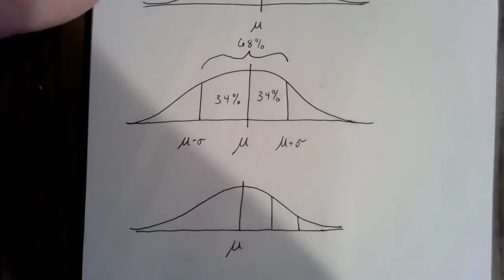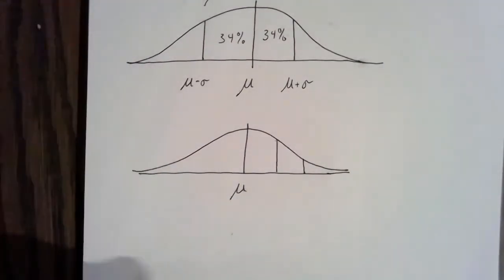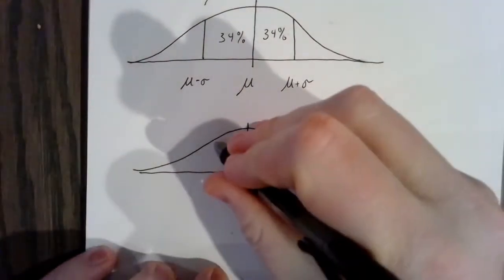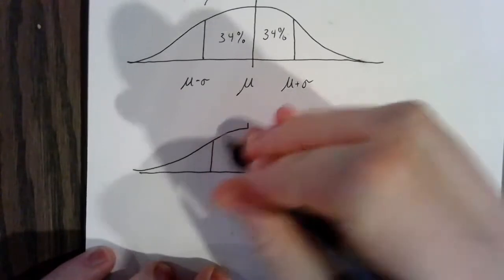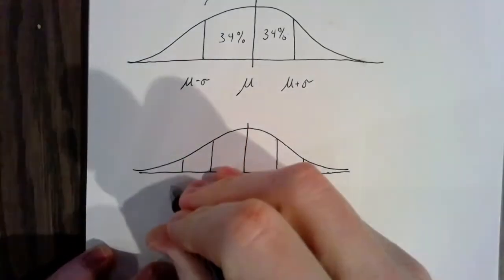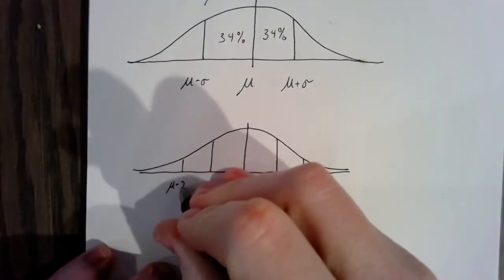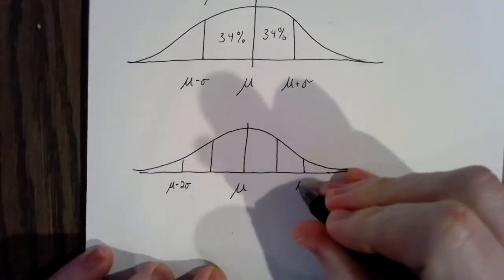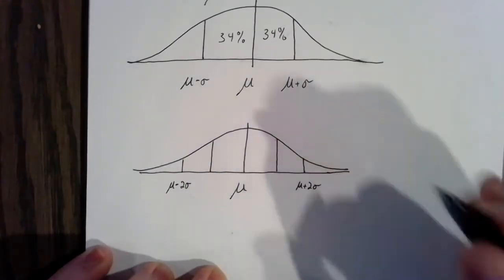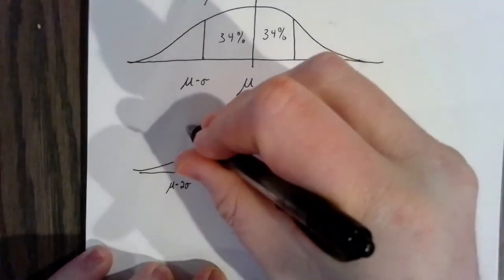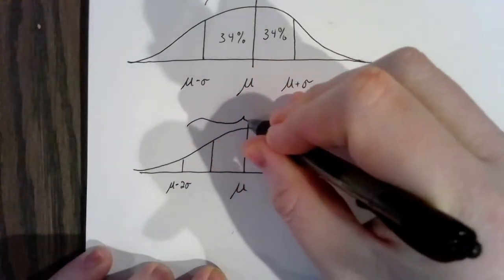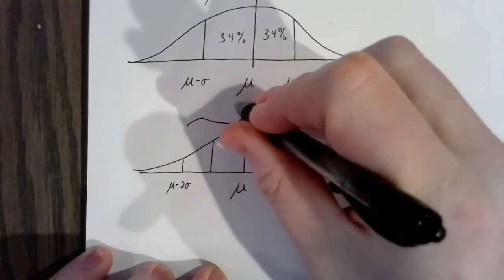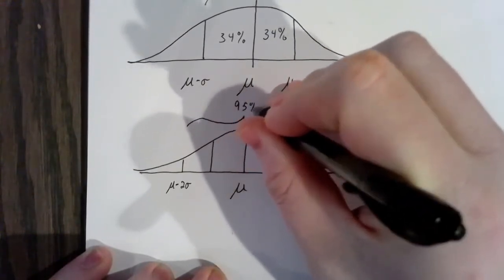Then we go to the left, 1 sigma and then a second sigma. So this will be mu minus 2 sigma, and this will be mu plus 2 sigma. How much of my data is captured here? Well, it's 95% of my data.